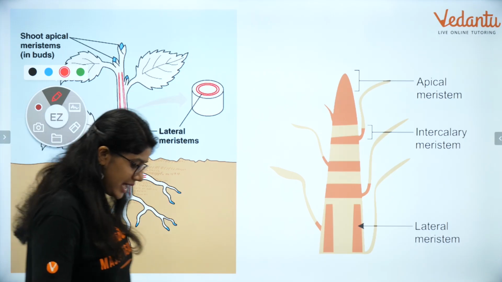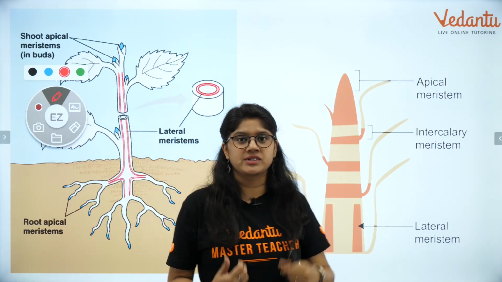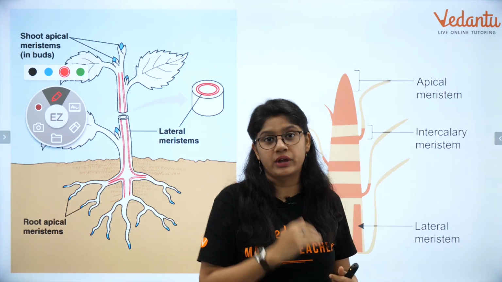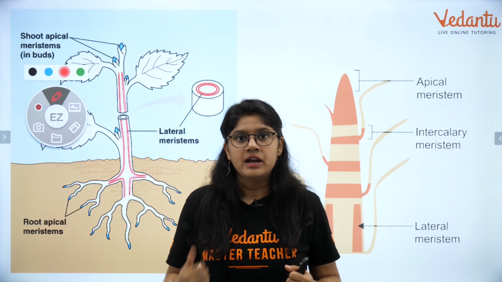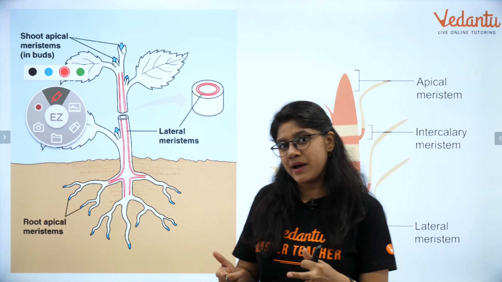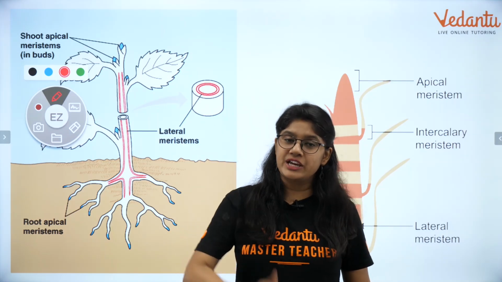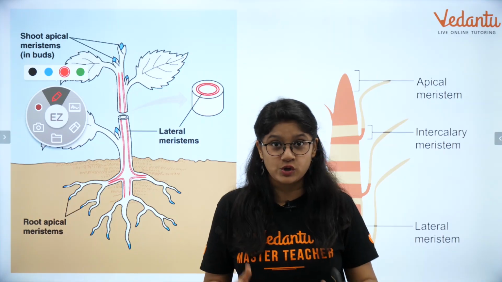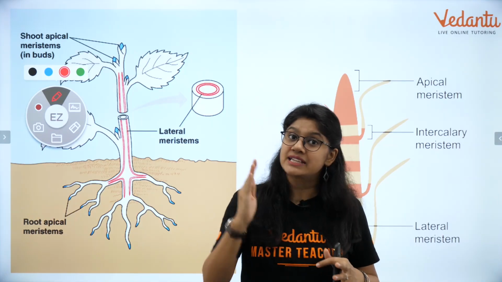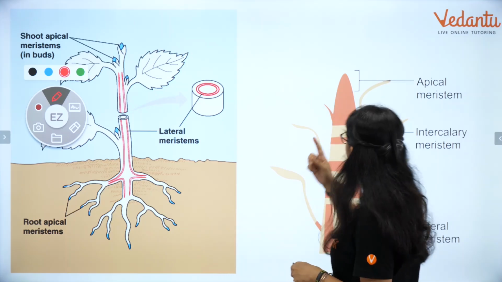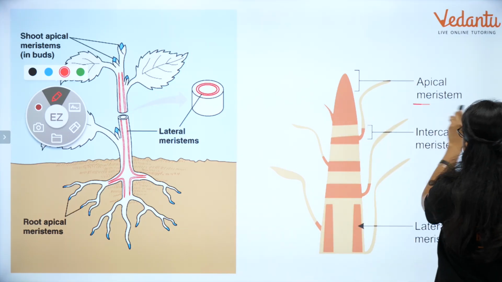So we know that the meristematic tissue is a tissue which keeps on dividing and is present at 3 different locations in the plants: apical meristematic, lateral meristematic and the intercalary meristematic. Now based on the locations, they have their specific functions also. So we have over here the apical meristematic.